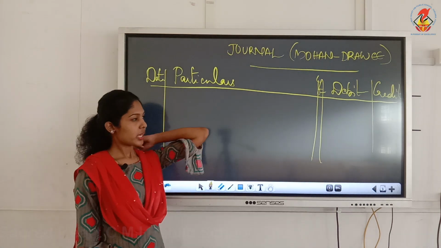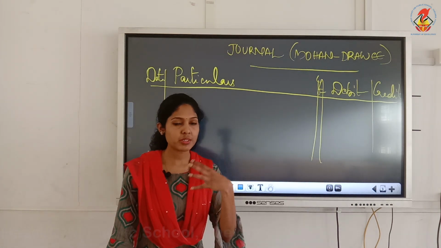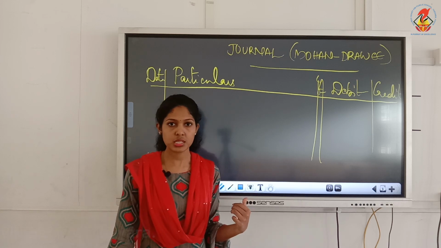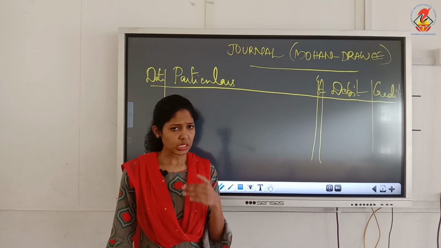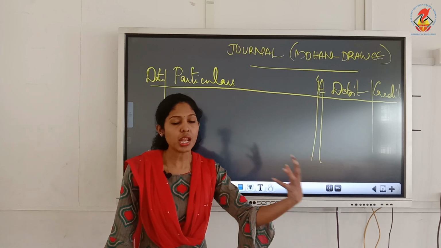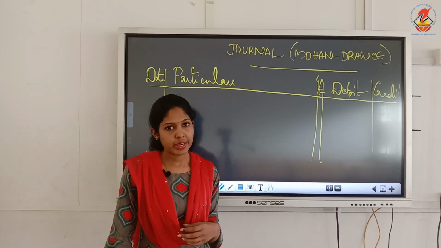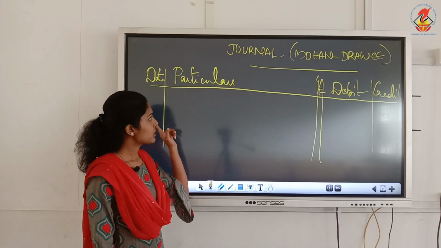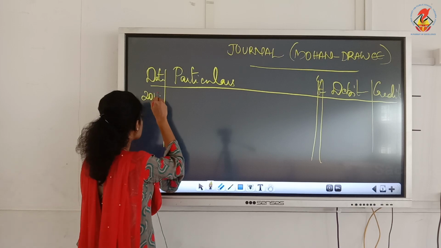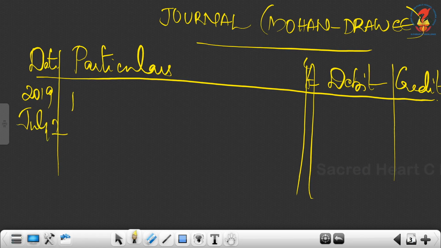Okay, so for the drawee, the first basic entry is Purchases Account debit to Creditors, which is not required in this question. So we'll leave that. The next is the drawee is going to give a bill payable to the creditor. At that time we can write the date also, 2019 July 1st, and here the creditor's name is Prakash.